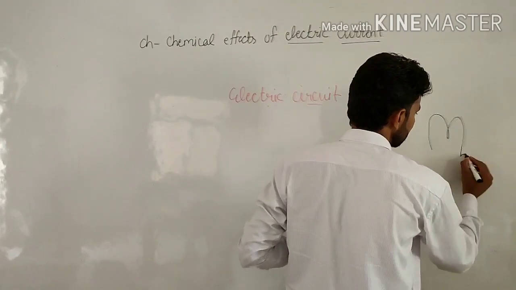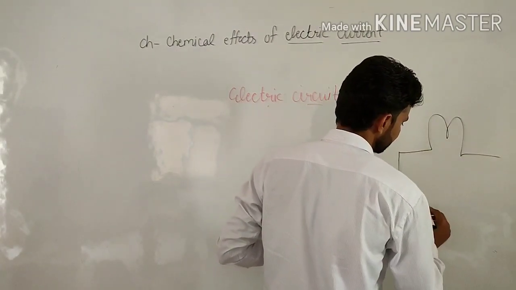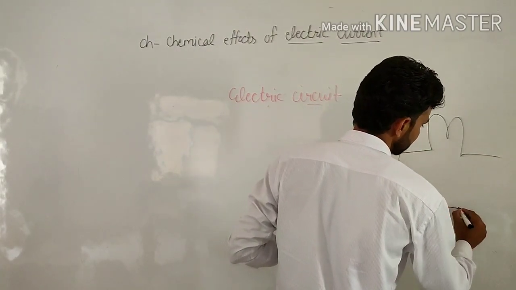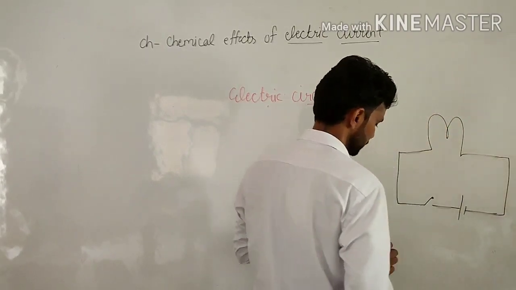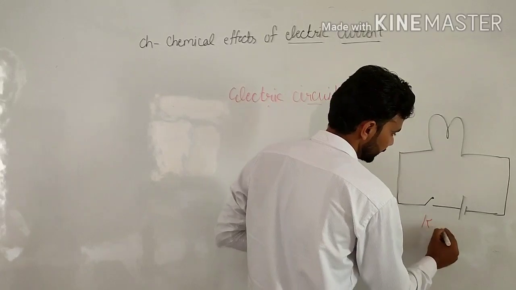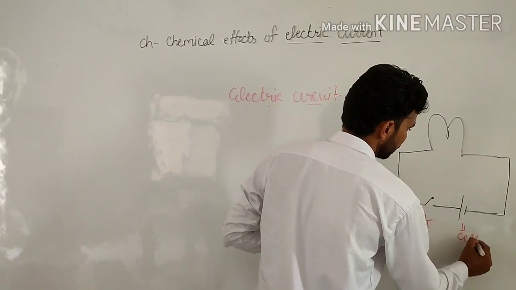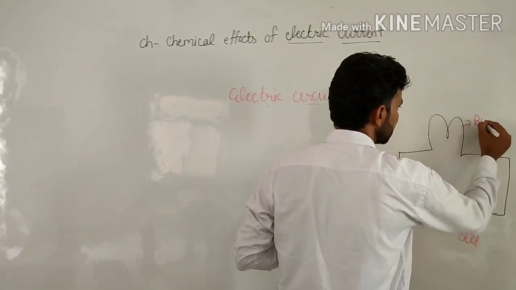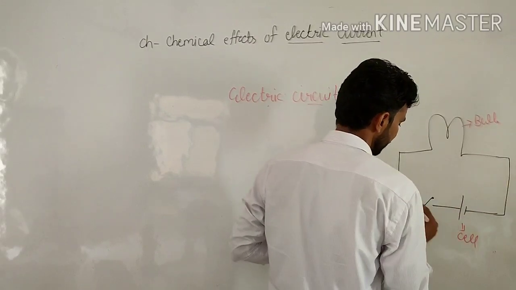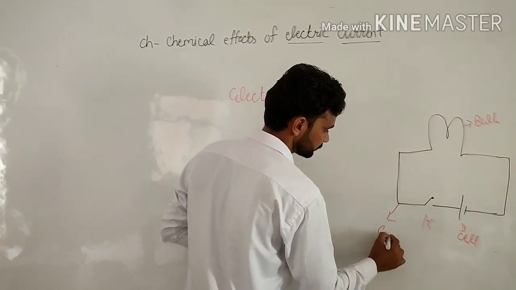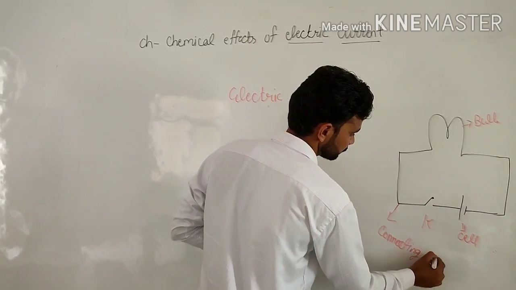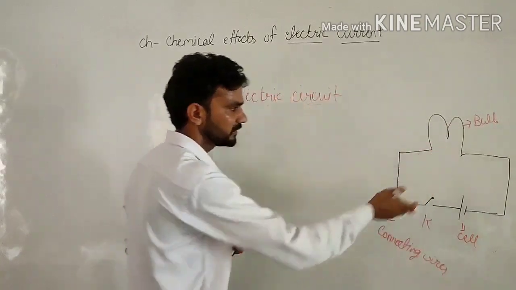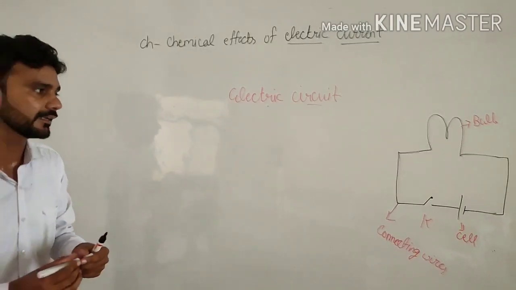This is an electric circuit. This is the key, this is one cell, this is one bulb, and these are connecting wires. This is a simple electric circuit.